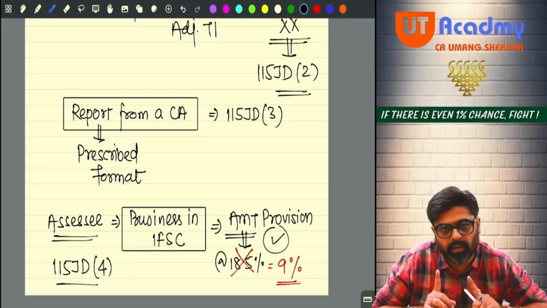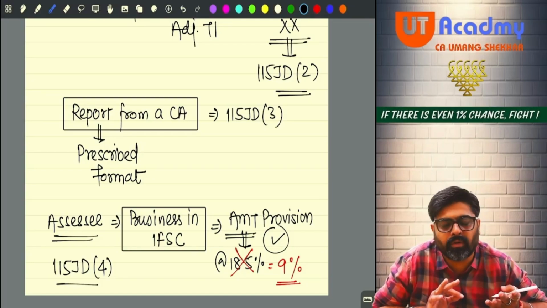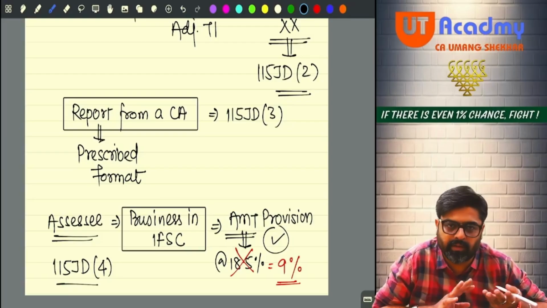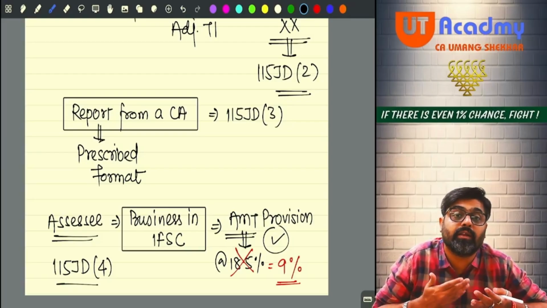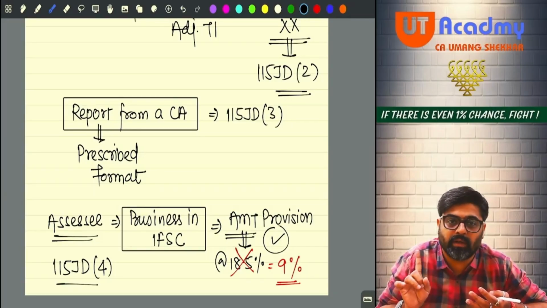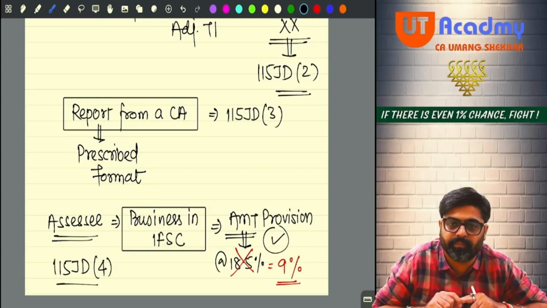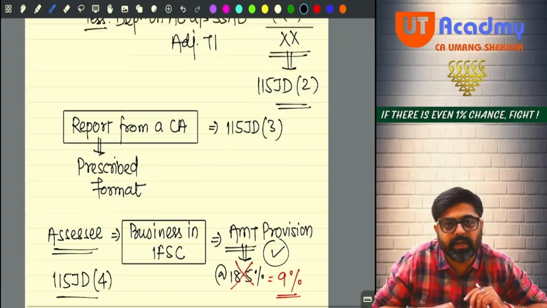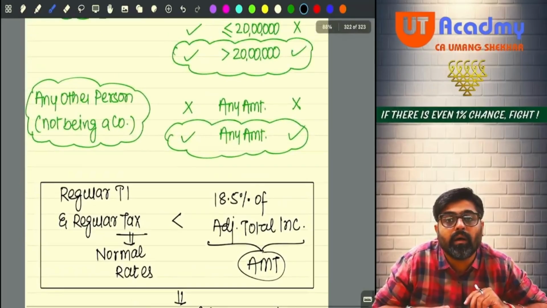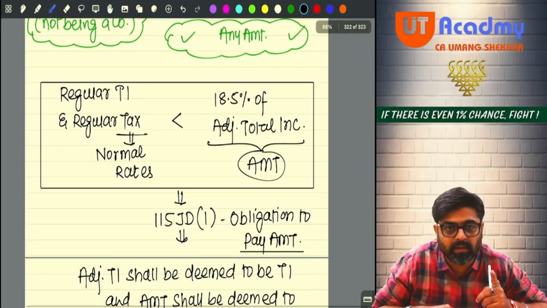For you, only 9. You calculate your adjusted total income. On that, you don't apply 18.5%. You apply only 9%. 9% of adjusted total income will be your AMT. If that is higher than your regular tax, ignore the regular tax, pay this AMT. Got it, sir? JD1, when is the obligation?